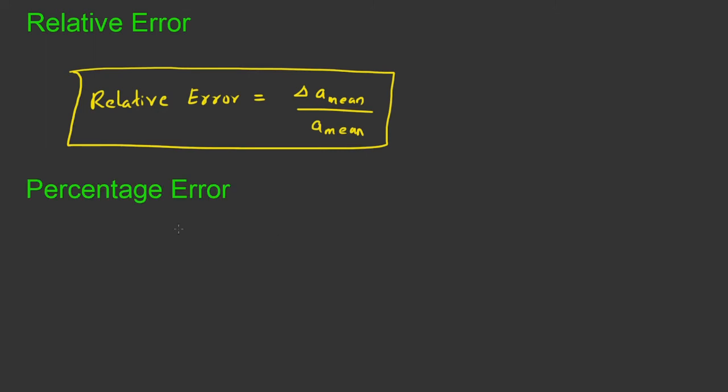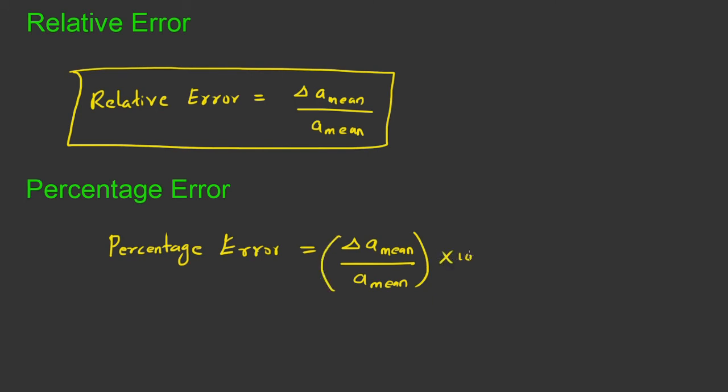Now, percentage error. When relative error is expressed in percentage, it is called percentage error. That is, percentage error is equal to delta A mean divided by A mean into 100%.